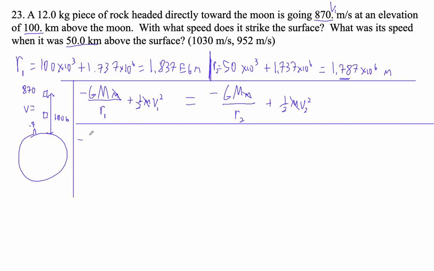So minus G times 7.35 E22, that's times 10 to the 22nd, over, and it's this high, so it's 1.837 E6, plus 1/2 v1 squared.